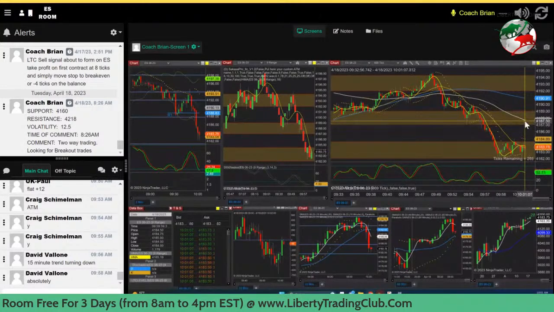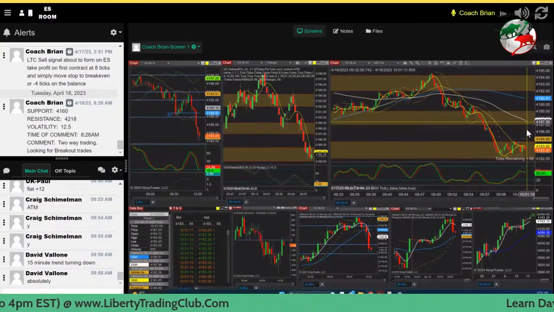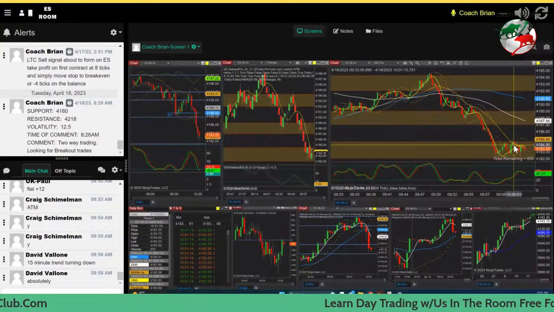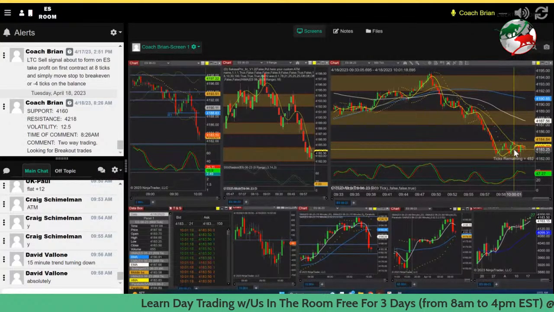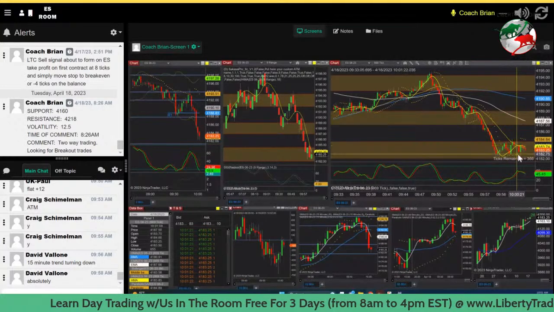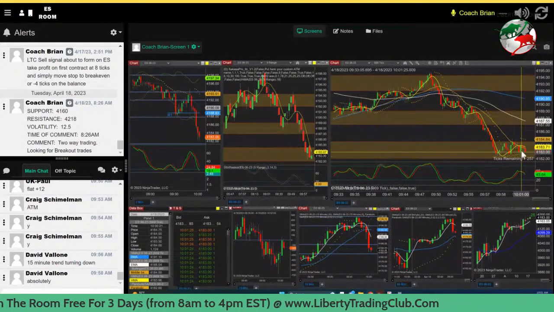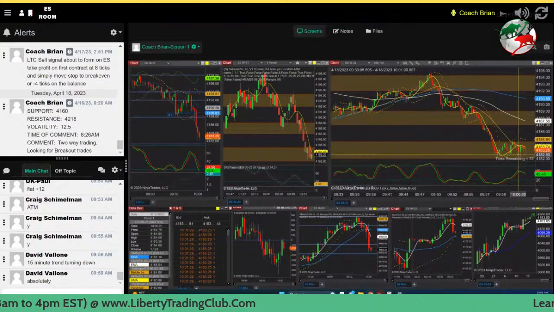So that would be your short opportunity if you want to do that in that area. But this little consolidation in the zone here has me thinking that we probably are going to be going down just a little bit further, guys.